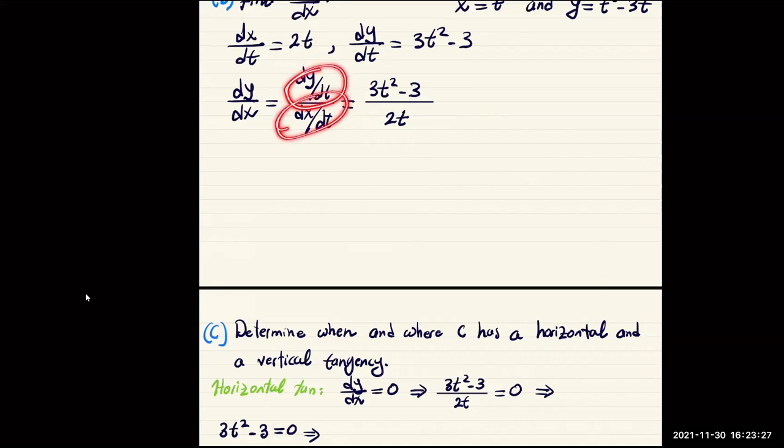Imagine there's a common factor. So imagine there's a t on the top as well. Or let's just say there's a t minus 1 on top and bottom. Then t equal to 1 would make both dy/dt and dx/dt 0.